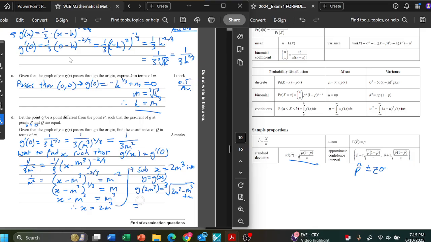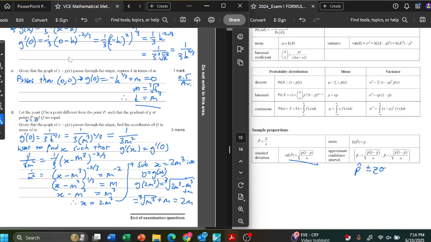So tidying that up really quickly, we have the cube root of m cubed, because 2m cubed minus 1m cubed is just equal to 1m cubed, plus m. And of course, the cube root of a cube, those two things cancel each other out. We just have m plus m, that is equal to 2m.